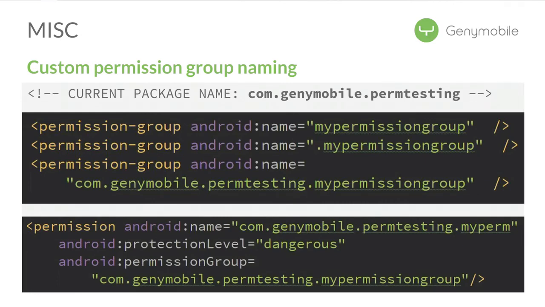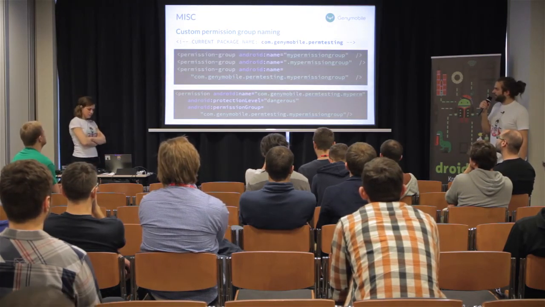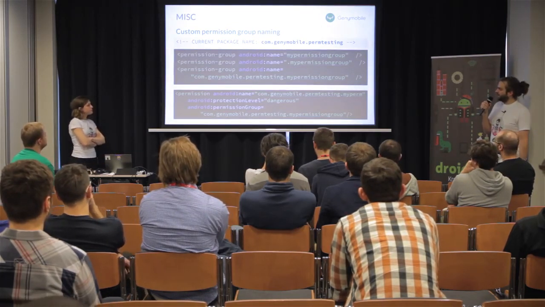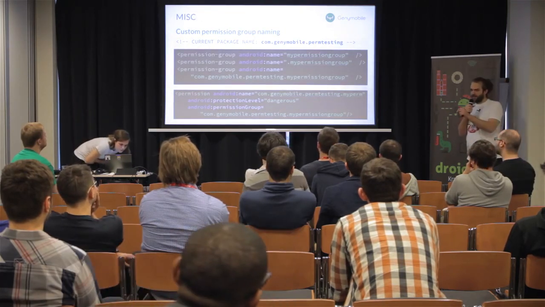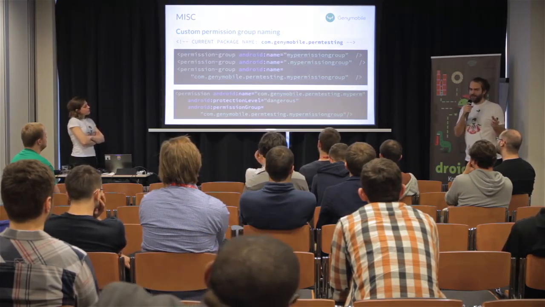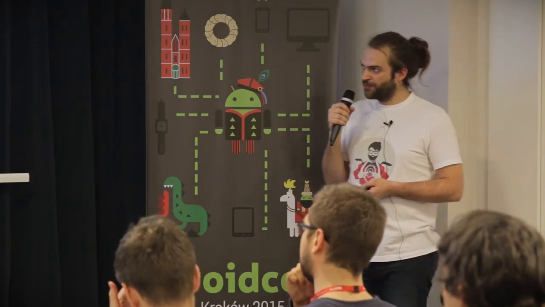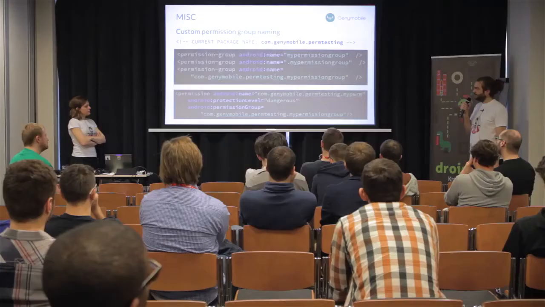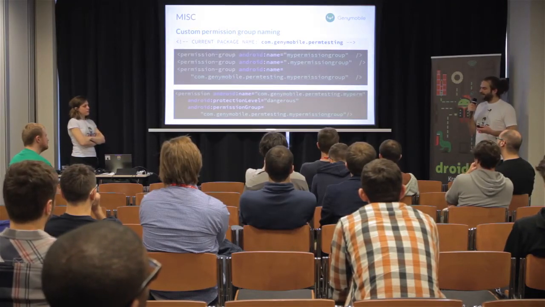Now, this is a little problematic, though everybody knows it because we use it on a regular basis: the fact that you can name an activity, for example, only with a .activity name or just the activity name, because we know it is going to get prefixed by the package name. But a permission is also a component of an application, though not at the same level. So I was quite surprised to realize the declaration of a permission group is subject to the same kind of logic.